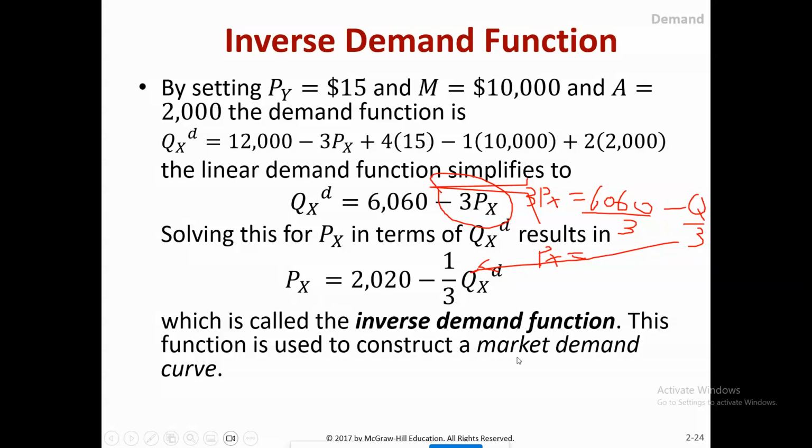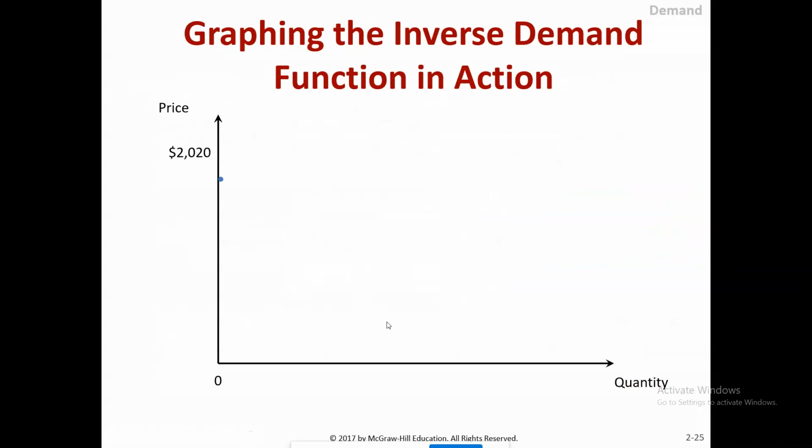Inverse demand function. Why is this helpful? It's helpful because we can easily construct a graphical expression from it. Conventionally, economists like to put dollar signs or price on the vertical axis and quantity on the horizontal axis, even though quantity demanded is the dependent variable and price is the independent variable.